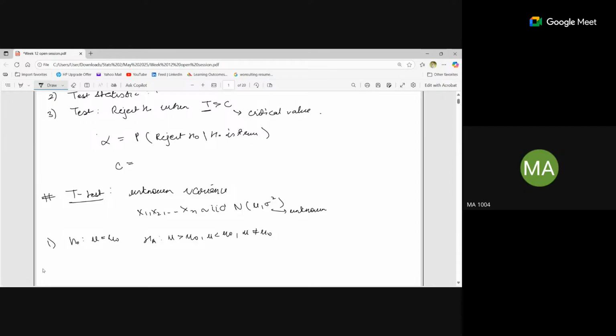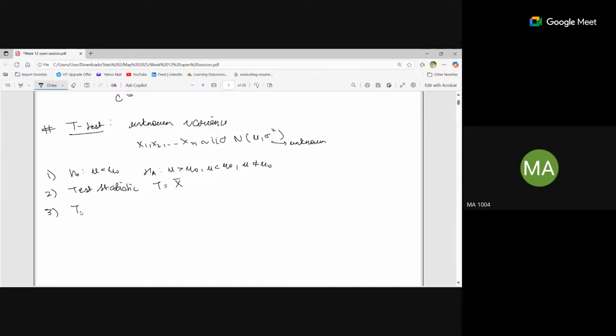Fine. Now the second thing is the test statistic. Because we are testing for the mean only, but in this case my variance is unknown, my test statistic would be x bar. Now what is my test here?